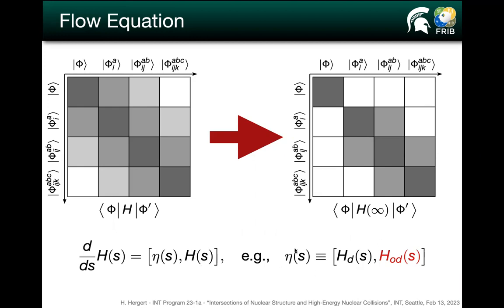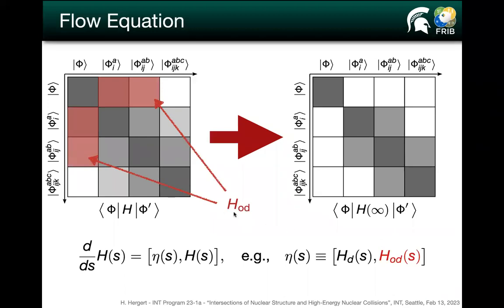And then the generator, as in the initial example that I mentioned, we're going to define as this commutator of diagonal and off-diagonal pieces, where diagonal really now just means the part of the operator that I want to keep, and off-diagonal is the part of the operator that I want to get rid of, because we're not dealing strictly with matrices and diagonal parts of a matrix anymore. We're dealing with this in an implicit sense.